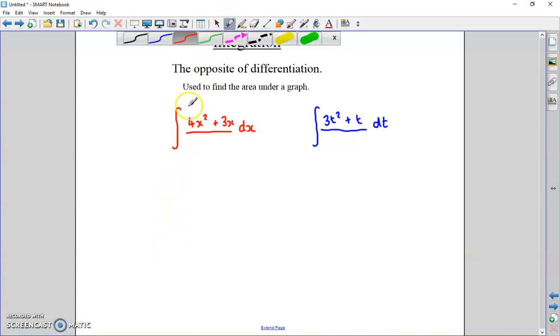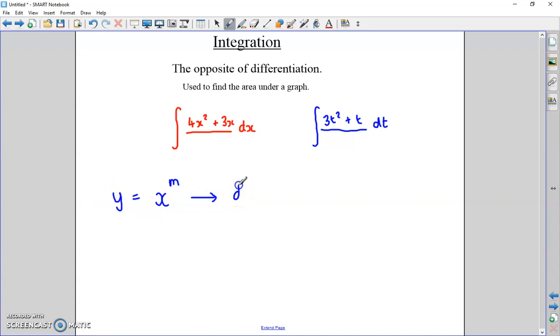Now, when you differentiate, if I was differentiating x to the power of m, okay, so if that was y, and I'm differentiating, then dy by dx, the rule is the m comes down and multiplies, and you drop the power by 1.